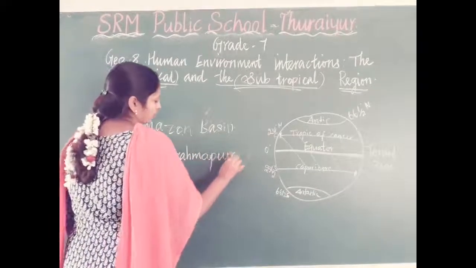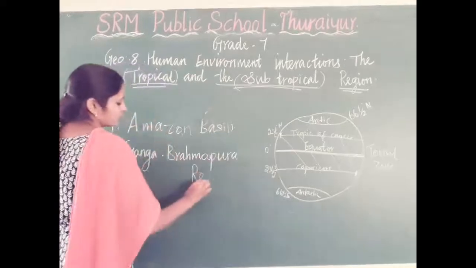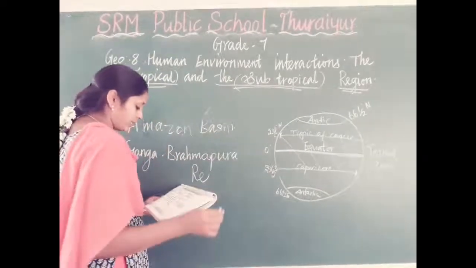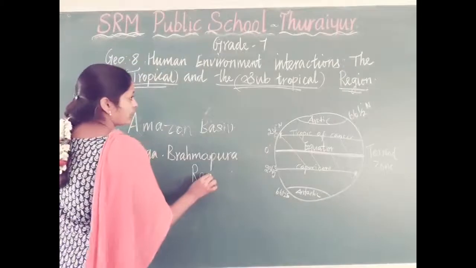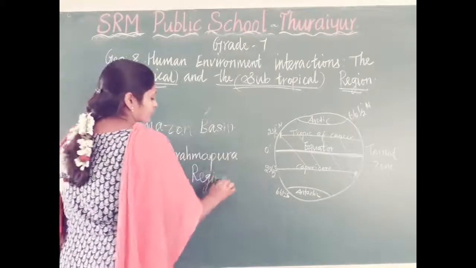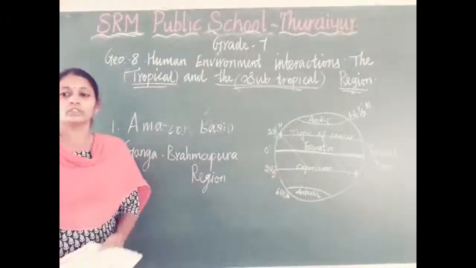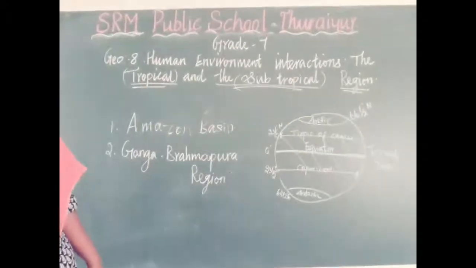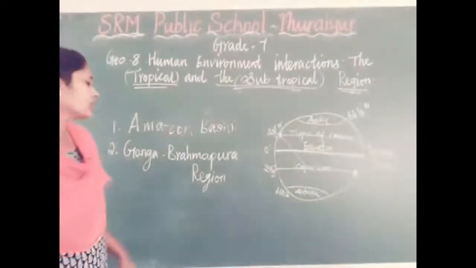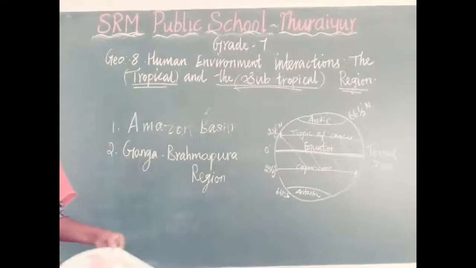So, what is the Ganga and Brahmaputra region or basin? Before moving on, you should know the location of the Amazon basin and the Ganga-Brahmaputra basin on the world map.